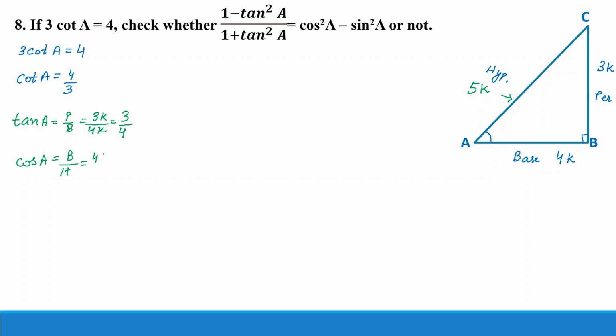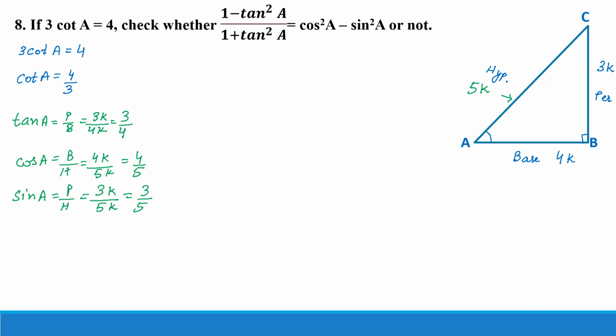Base is 4K. Hypotenuse is 5K. So it is equal to 4 by 5. And what else do we require? It's sine A, which is equal to perpendicular by hypotenuse. So it will be equal to 3K upon 5K, which is 3 by 5.